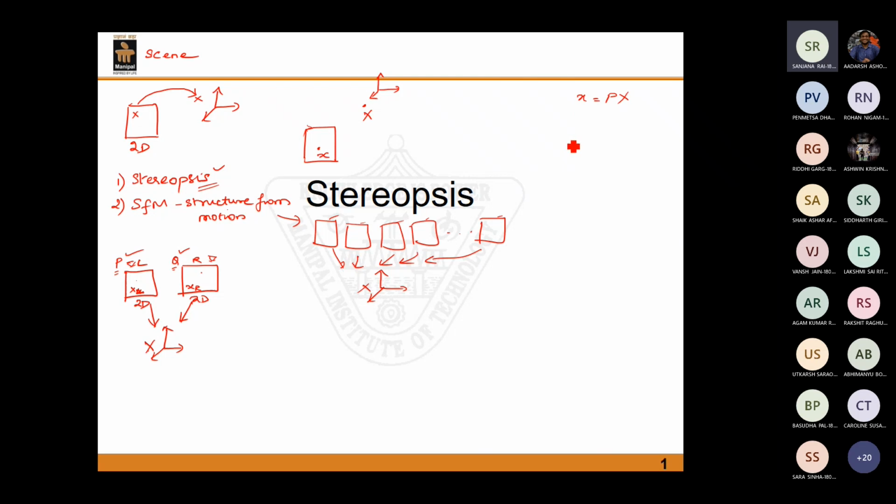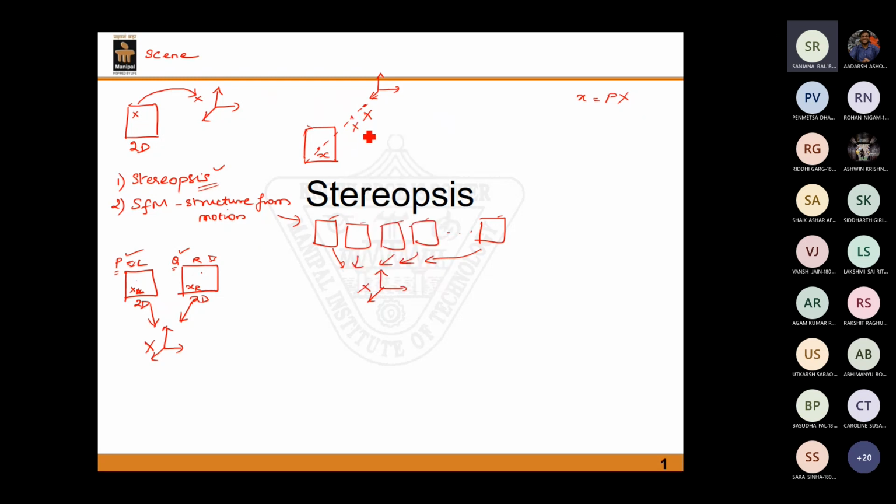Using this model, if I try to join this line over here like this, with only one image, we can't say exactly where this point capital X may lie. You know that capital X lies along this particular line here, right? But you're not very sure where exactly it is. It could be maybe somewhere at this point.